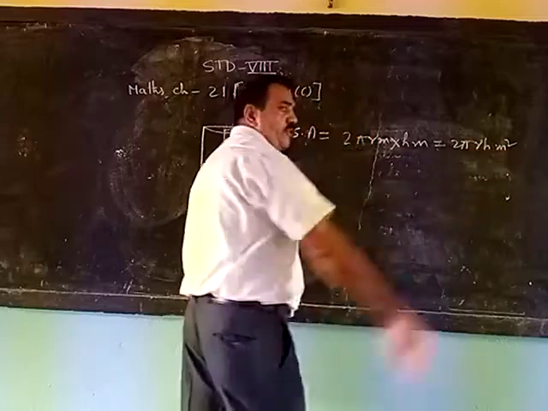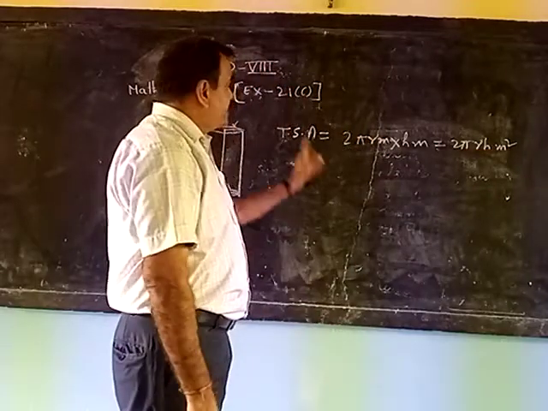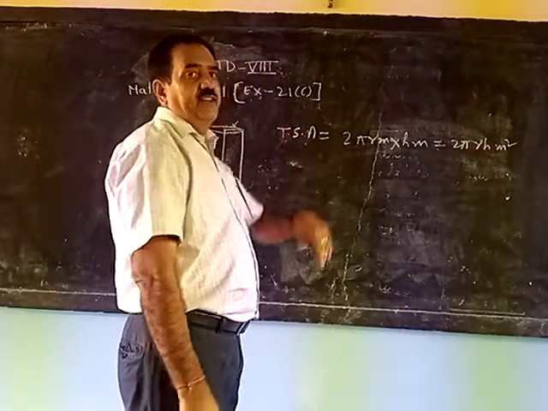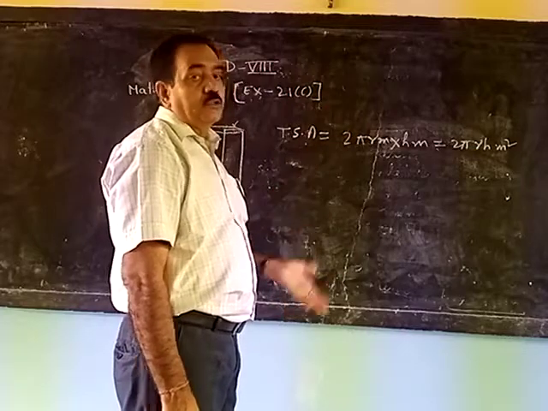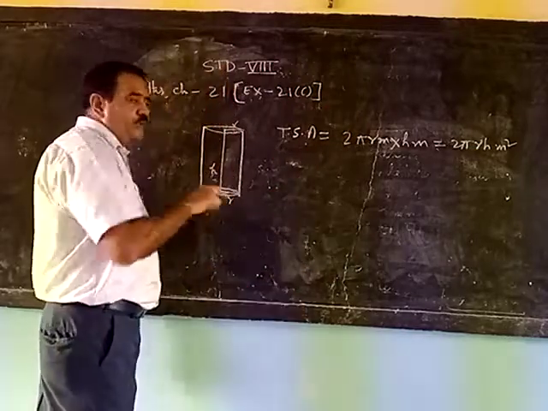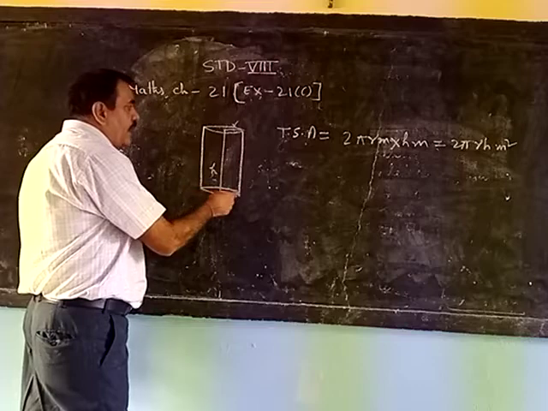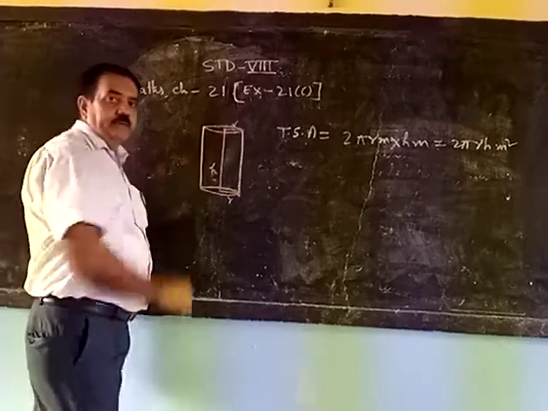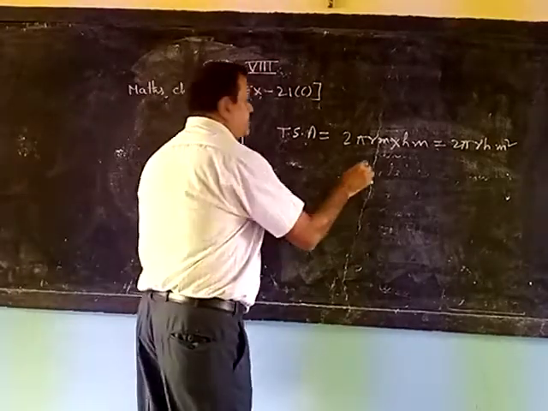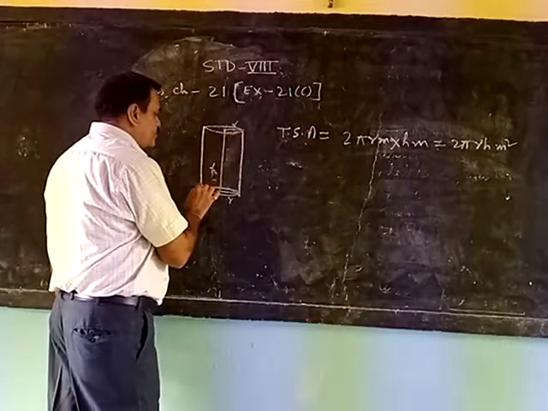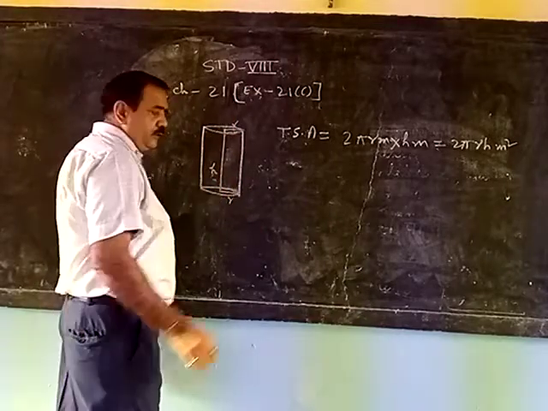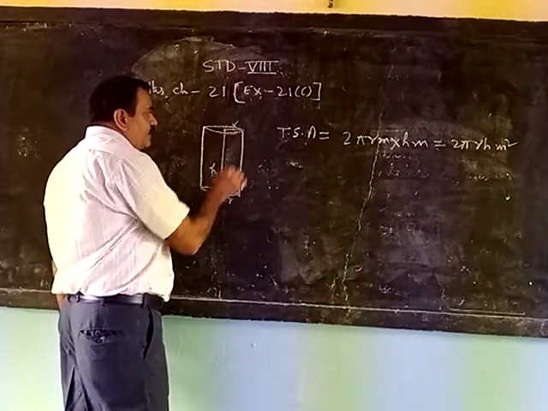Now see, it is the unit of area. But since here it is total surface area, when we talk about the total surface area, we have to include the bottom area as well as the top area. So this portion's area is 2 pi r h. What is the area of this portion and this portion?